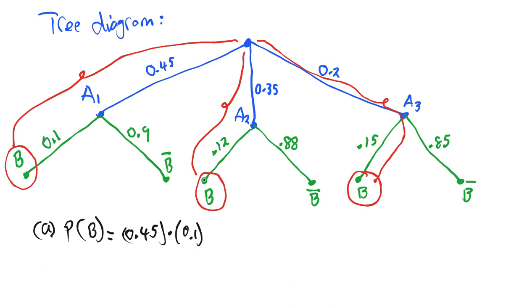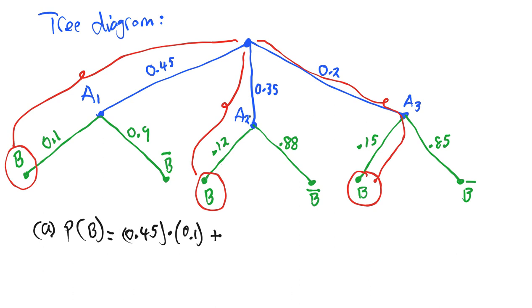Or another path would be down the middle. And anytime there's an or, the operation is addition. So it's another way of getting to this particular end result, which for what we're looking for is failure. Not necessarily a good thing, but that's the event whose likelihood we're measuring. Now going down the middle, that path is moving along the A2 branch and the B branch that emanates from A2.